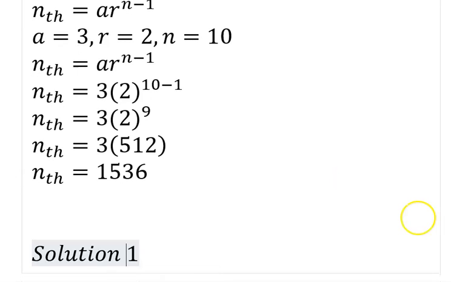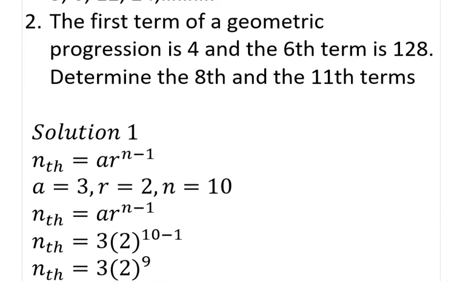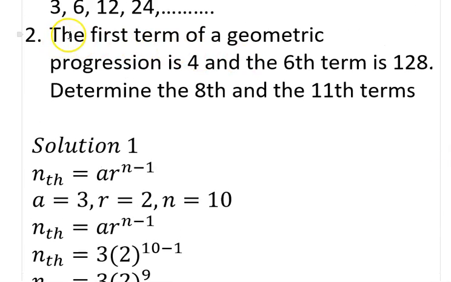Beautiful. So let's get the question. The question says the first term of a GP is 4. That's our A. And the sixth term is 128. Determine the 8th and the 11th term. Now look at this question.